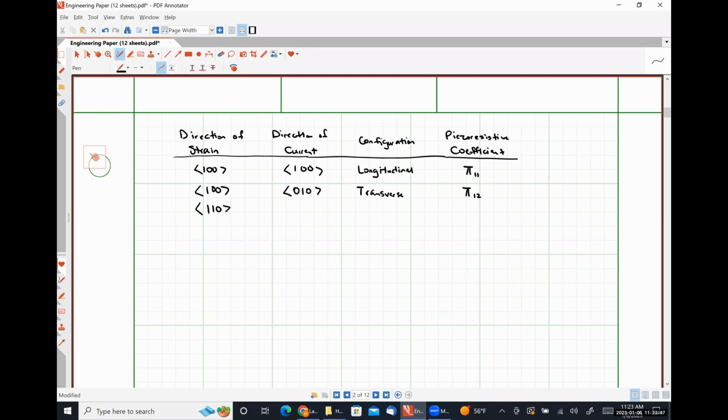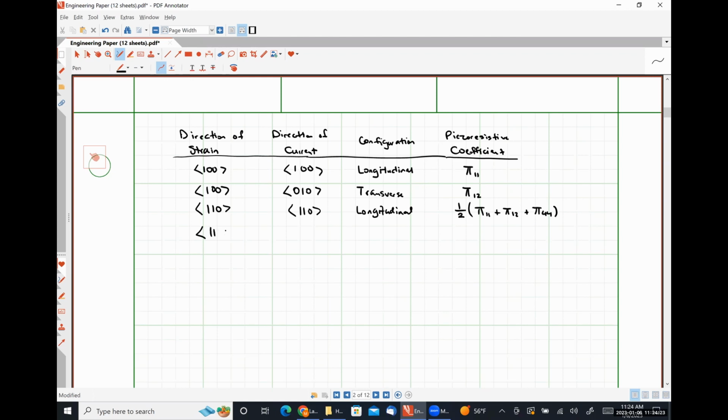For strain in the 110 direction and current parallel to that, we'll once again have a longitudinal configuration. And the overall piezo-resistive coefficient is going to be a combination of our direction-dependent piezo-resistive coefficients. So it's going to look like 1/2 (pi11 plus pi12 plus pi44).